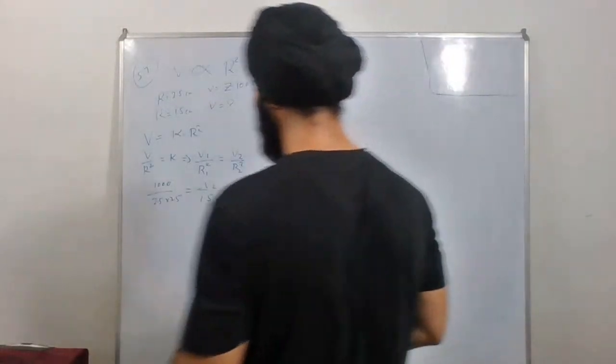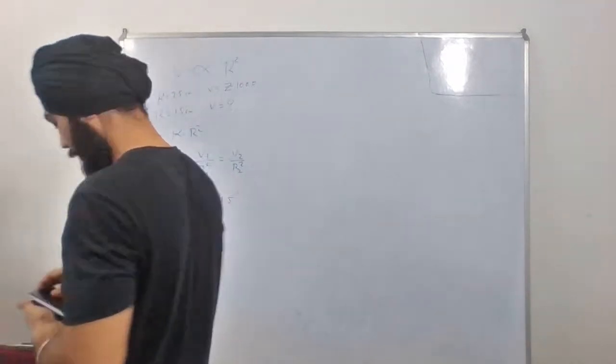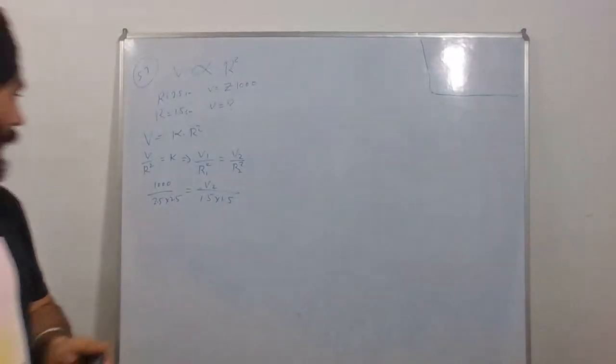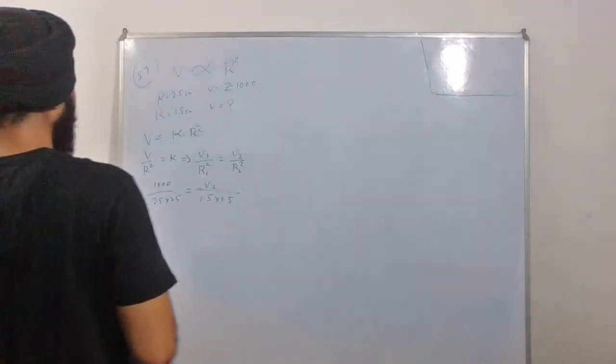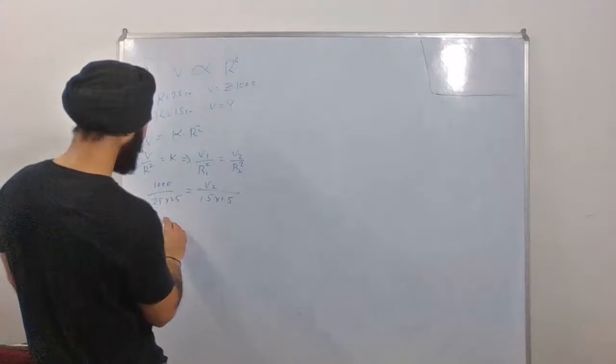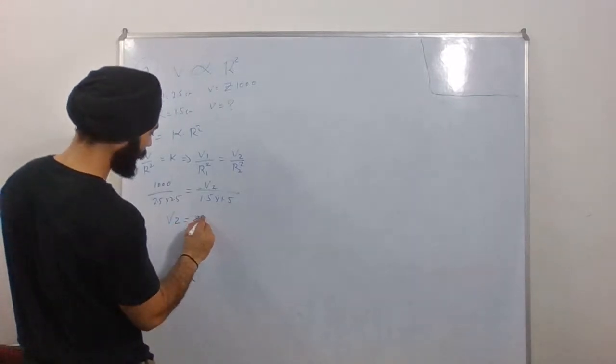Let me do the calculation. If we cut values like 2.5, 25, 25, we can cancel them out and we get the value of V2 as 360 rupees, 360.